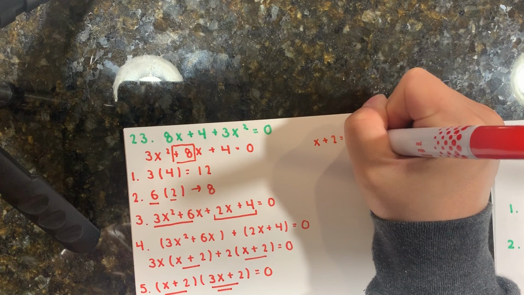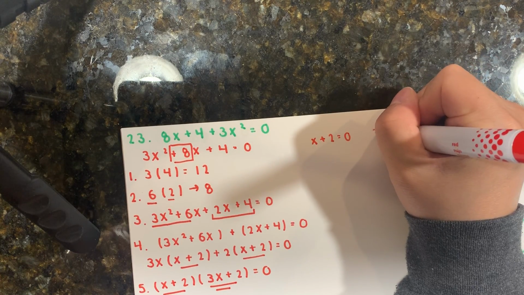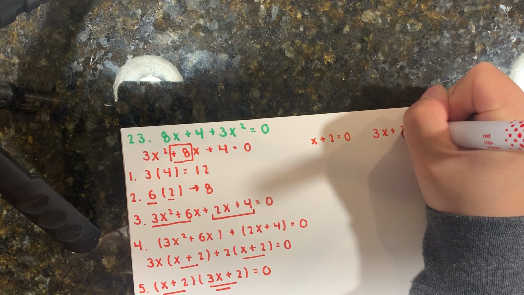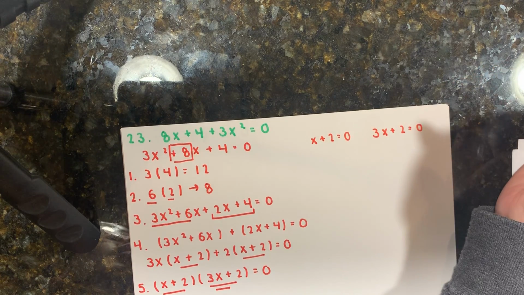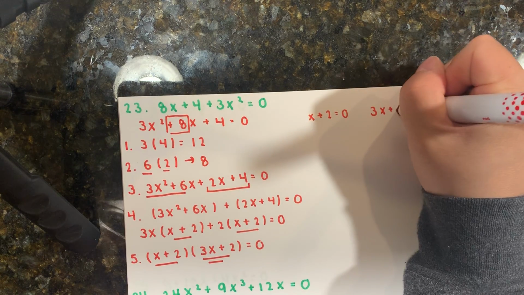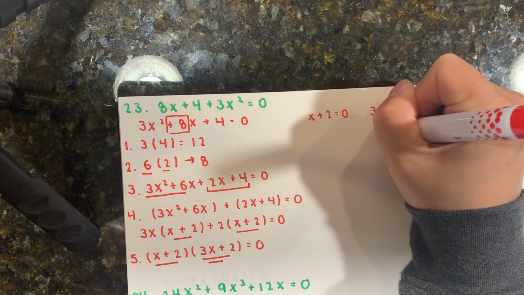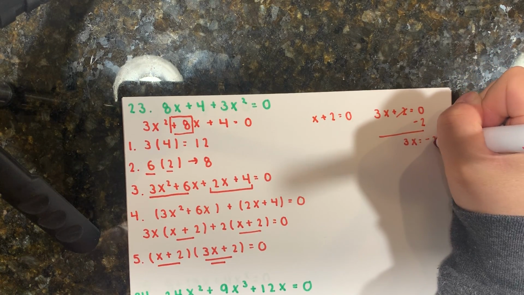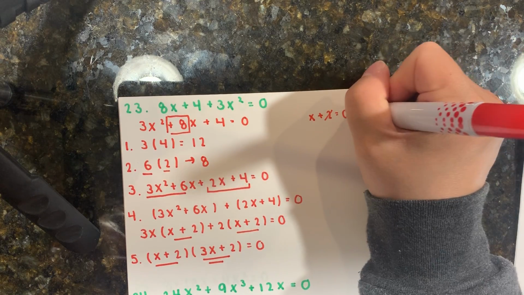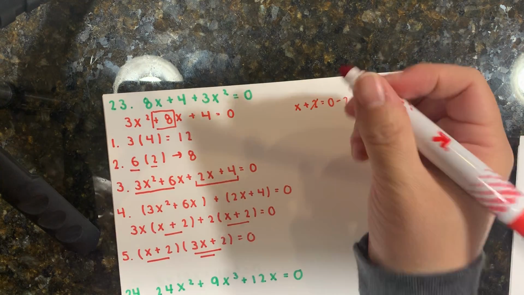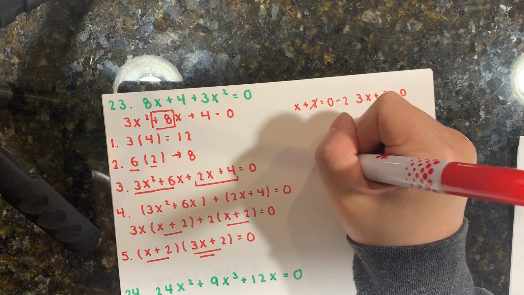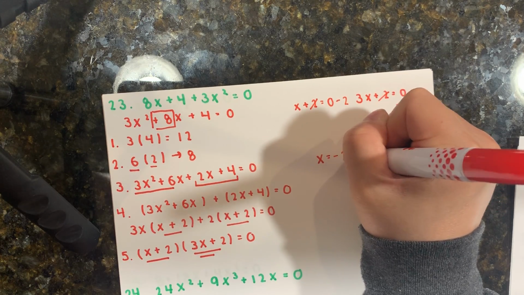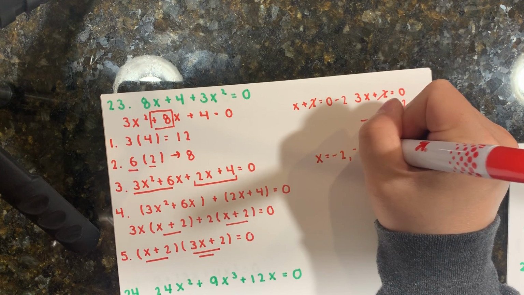So x plus 2 equals 0, and then 3x plus 2 equals 0. When you move the 2 to the other side, it becomes negative 2. So you get 3x equals negative 2. This one too, you'd also move the 2 to the other side. So I would get x is equal to negative 2, and then negative 2/3.